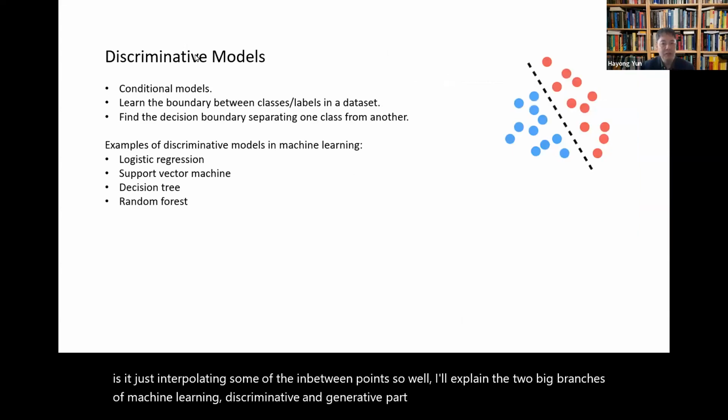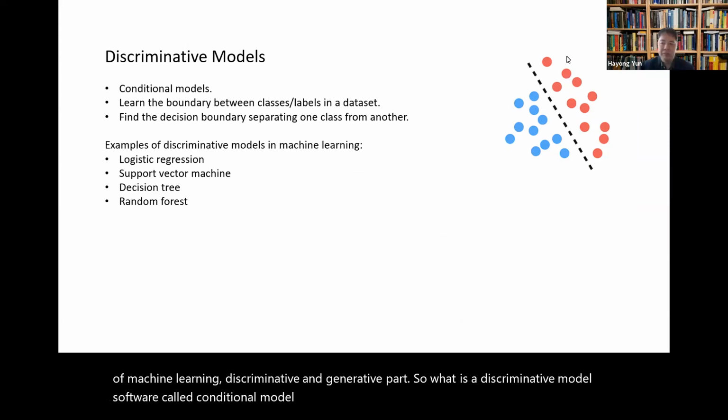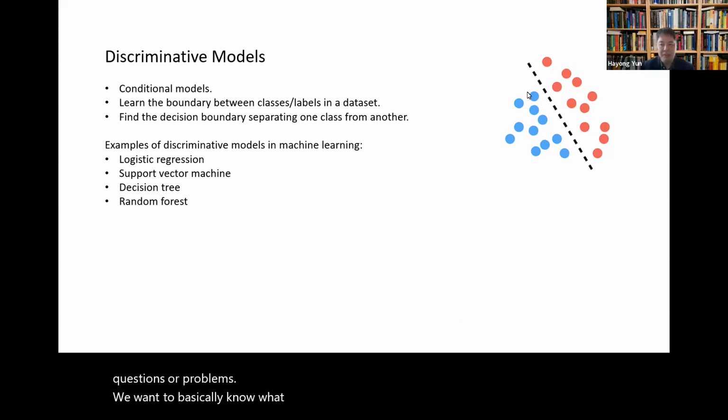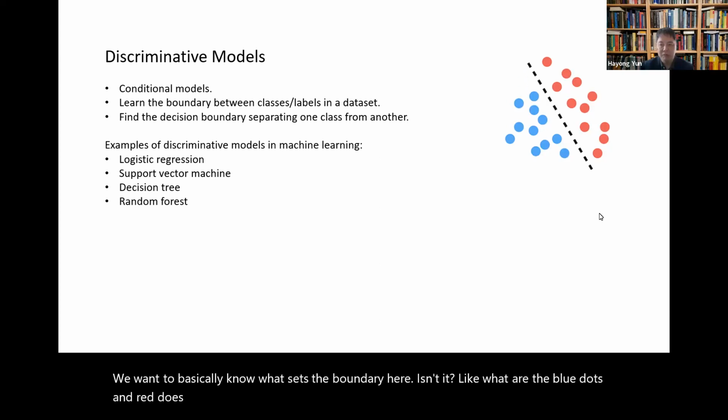So what is a discriminative model? It's also called a conditional model. If there are data points like this, in some problems we want to know what sets the boundary here. Like, what are the blue dots and red dots? We want to have a cutoff line which separates the blue and red dots. So this is basically a discriminative model.